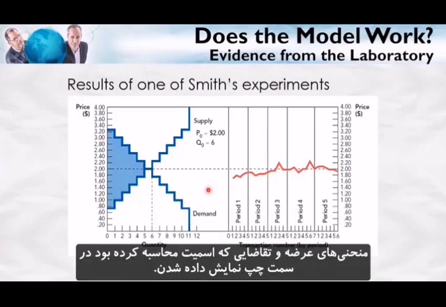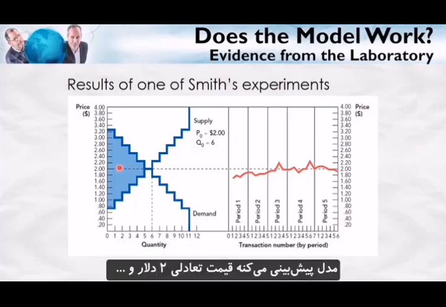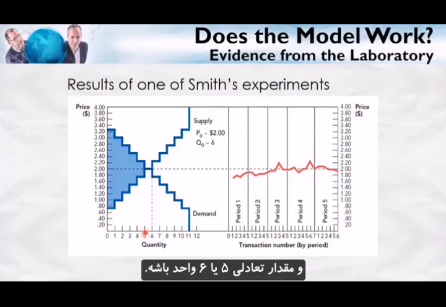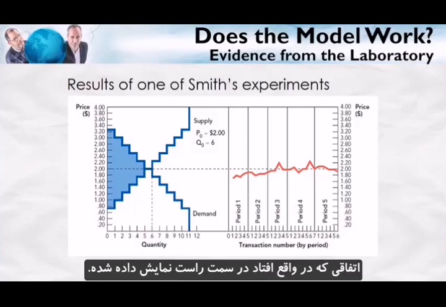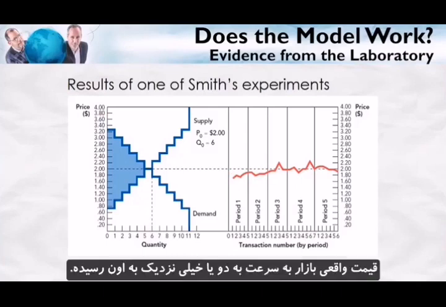The demand and supply curves calculated by Smith are shown here on the left. The model predicts an equilibrium price of $2 and an equilibrium quantity of 5 or 6 units. What actually happened is shown on the right. The actual market price quickly went to $2, or very close to it.